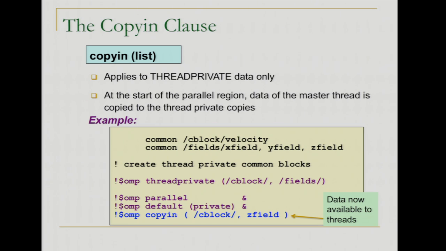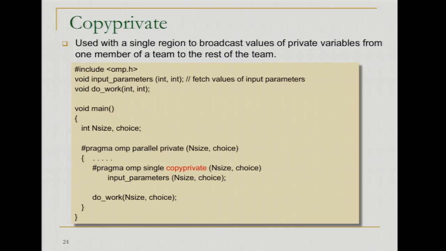And you can actually create a thread private common block, so the entire common block is thread private, or you can take fields from a common block and use them and initialize them separately. Okay, there is also a means of broadcasting data, from one member of a team to the rest of the team.